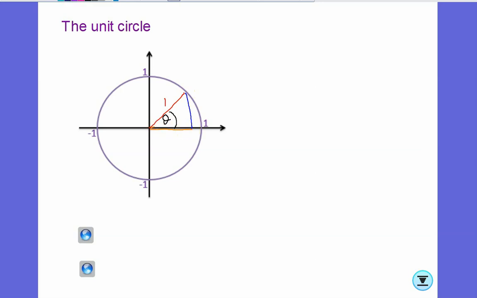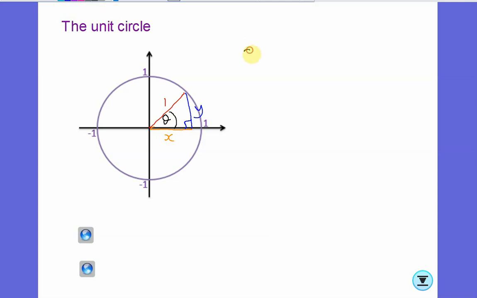So if we start playing around with our ratios, this being a right angle, if we call this one y, because it's a change in the y direction, and this one x, because it's a change in the x direction, let's start playing around with the ratios.